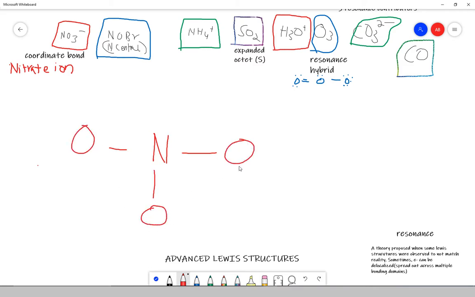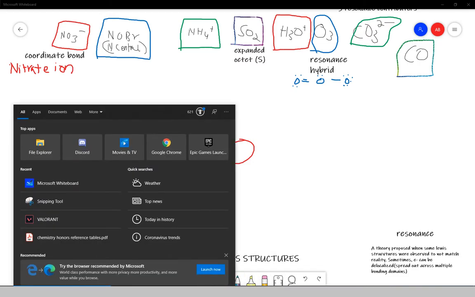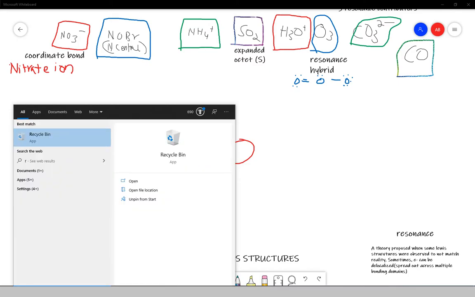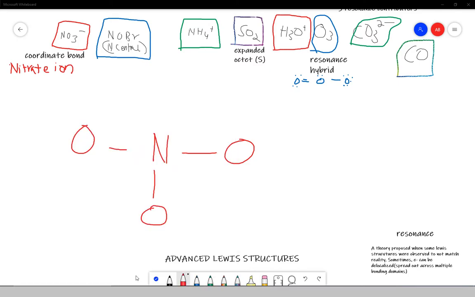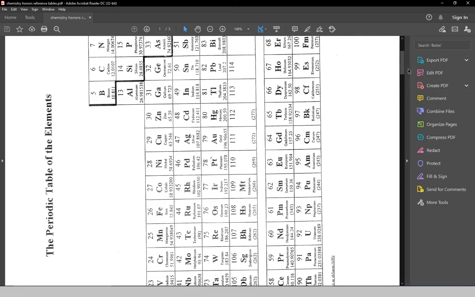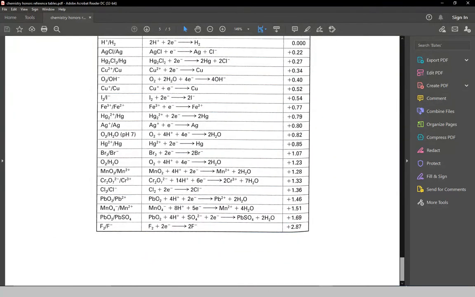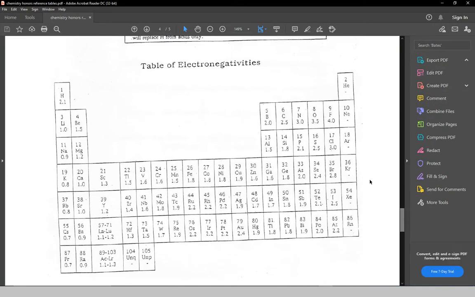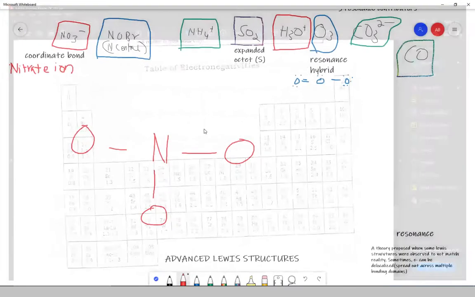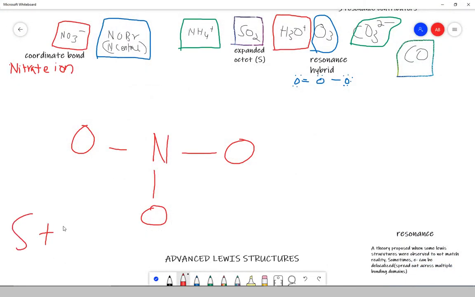Before we do anything with the octets, we always want to count the number of valence electrons for all of these. So let's open our chemistry reference table. Here we can look at the electronegativity. So we have 5 plus 18 plus 1.